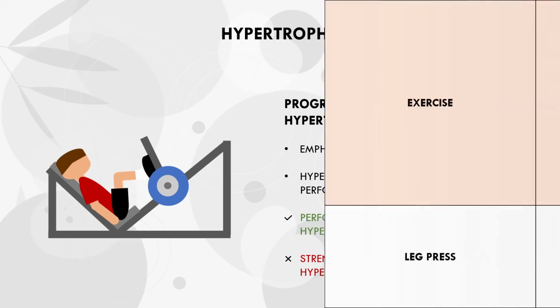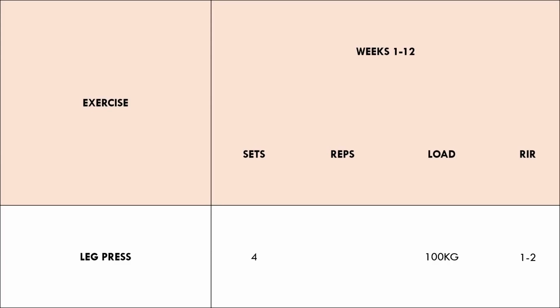For example, let's use the same lifter to demonstrate how progressive overload can be implemented for the goal of hypertrophy. First, we can see here that we have a leg press rather than a squat because the specific exercise we implement isn't as important. We can also see here that the number of sets performed is greater and remains the same for the entire 12-week cycle.